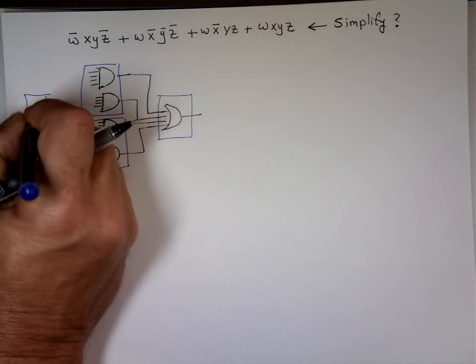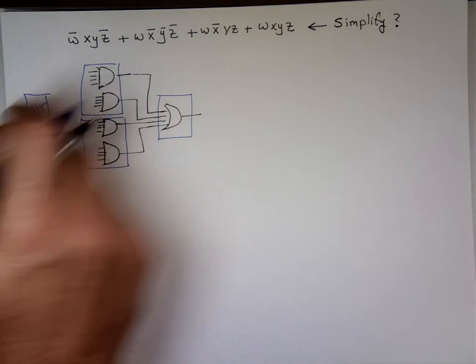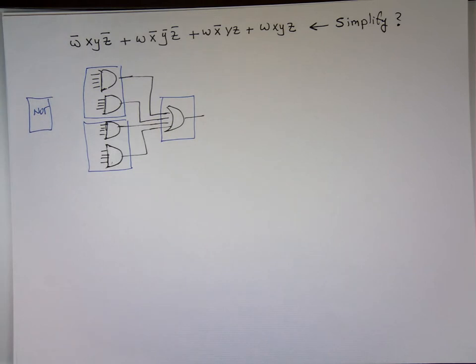So 1, 2, 3, 4 chips on that board already. Well, maybe I can do some trig on that. Maybe I can do some Boolean algebra on that. There's no trig here. I'm getting tired. I better drink more coffee.